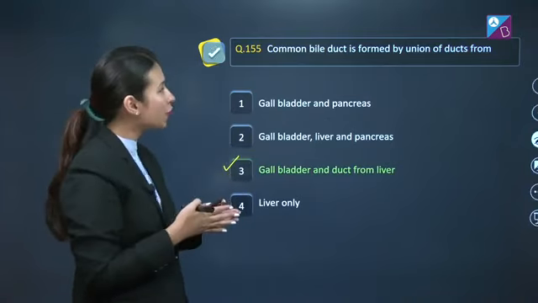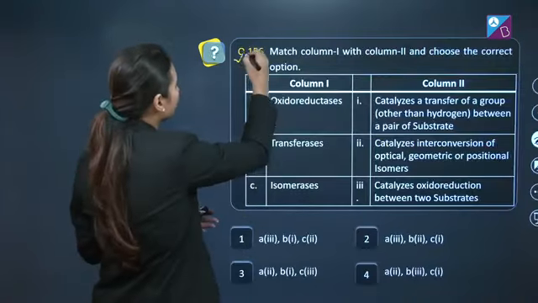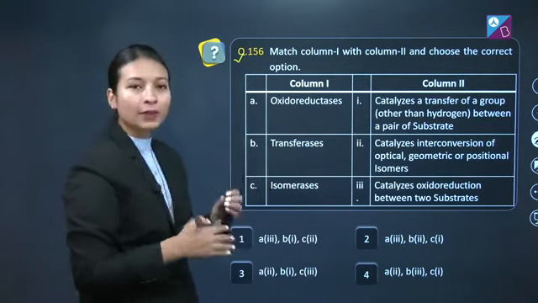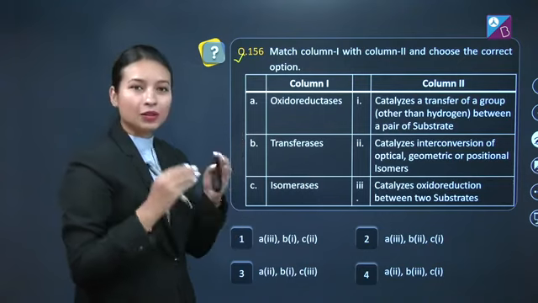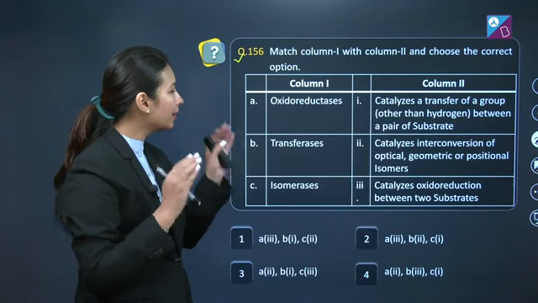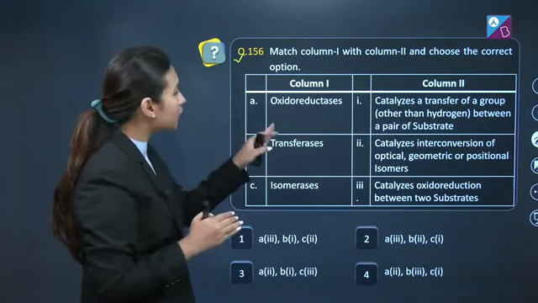Now let's move on to the next question, question number 156, which states: match column 1 with column 2 and choose the correct option. So under column 1, different classes of enzymes are given. So let's see one by one. पहला है A, oxidoreductases.